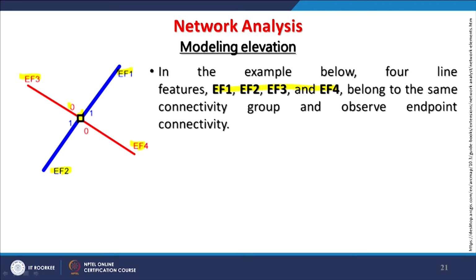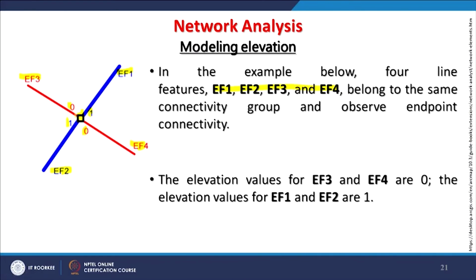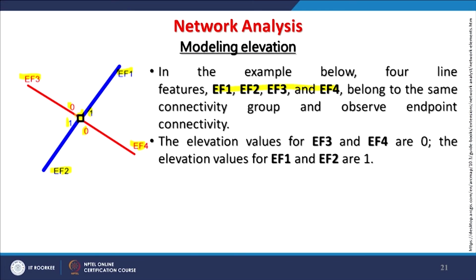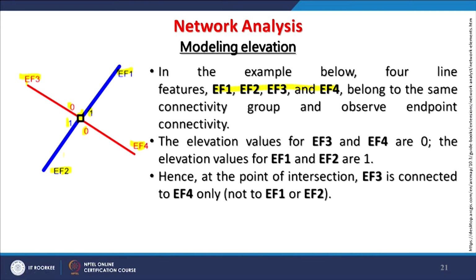Coding has been done so that this is the 0 connectivity group, and blue is the 1 connectivity group, and endpoint connectivity is also shown here with the junction. Now elevation values for EF3 and EF4 may be 0, whereas elevation values for EF1 and EF2 are 1. For simplicity these things have been kept like this. So that means this junction is at 2 different levels in terms of elevation.